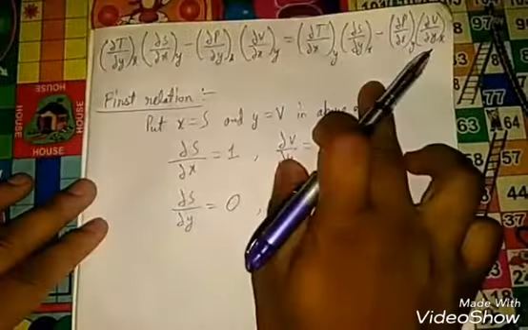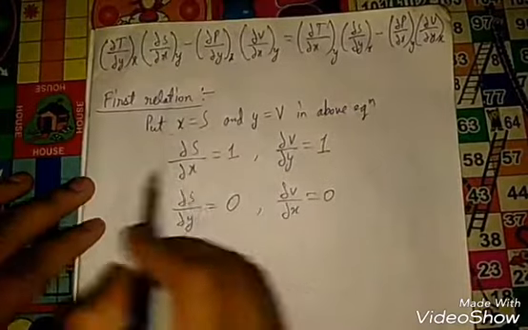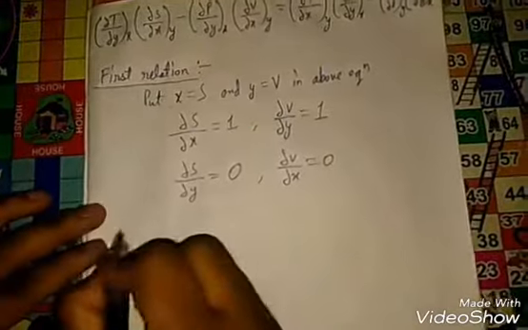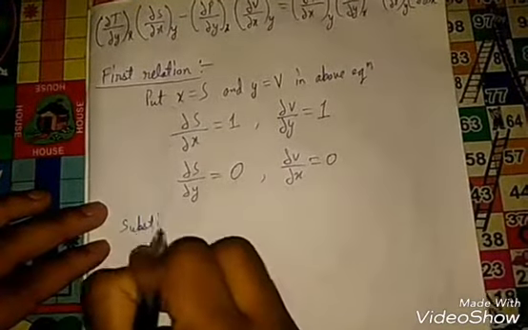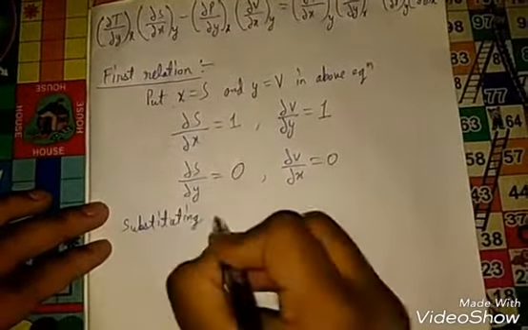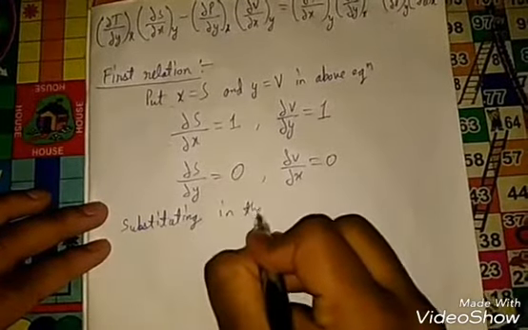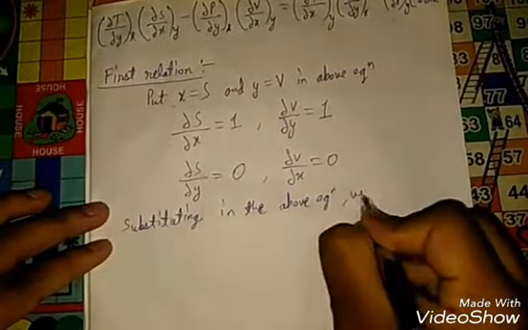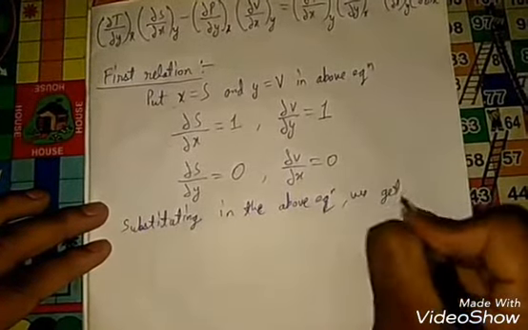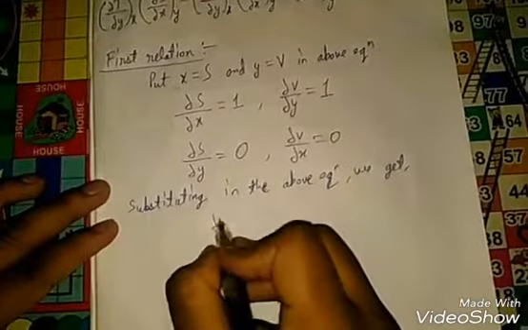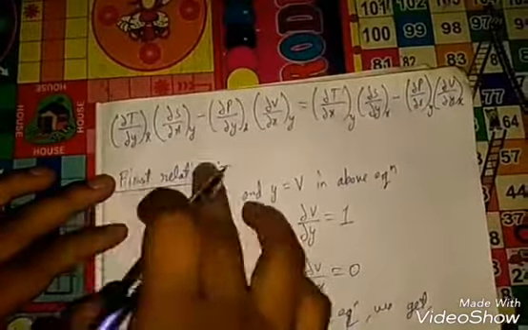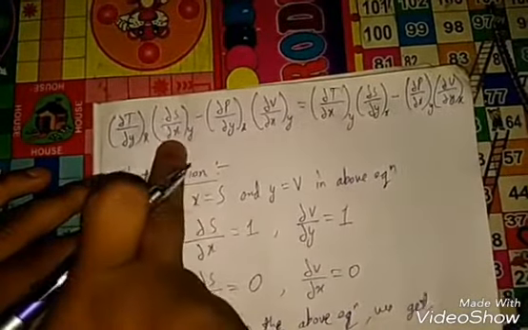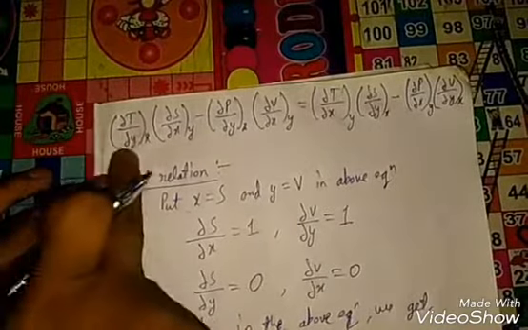Now from this equation, if we cancel the terms and put 1 in place of the terms, we get the final equation. Now substituting in the above equation, we get: del s by del x turns into 1, so we get del t by del y term.